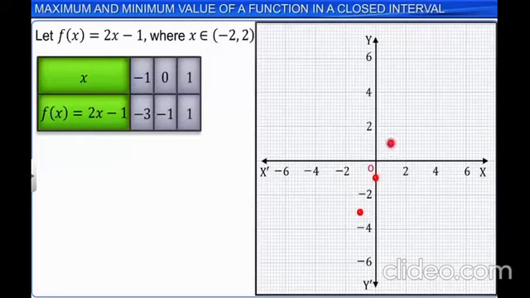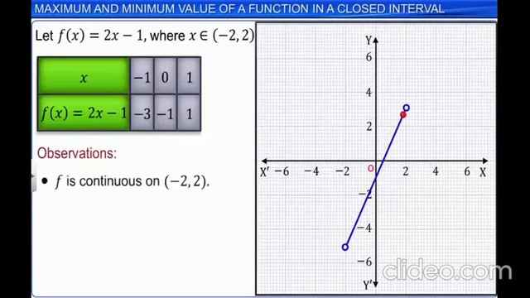With these ordered pairs, the graph of the function can be obtained, which is as shown. Let's now jot down all the observations that we get from this graph. Since there are no gaps or breaks in the graph, the function f(x) is continuous on the given interval.